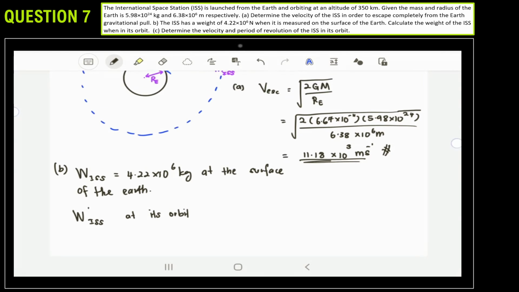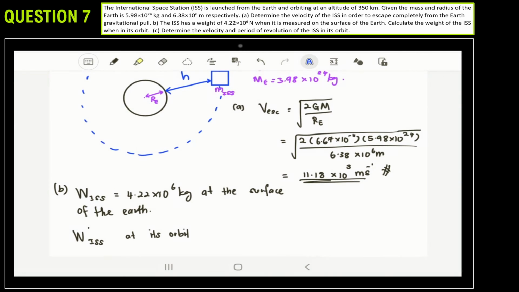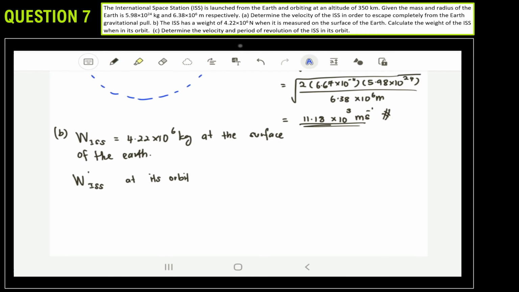Okay, so that means here at the position of RE plus H, at its orbit, on this line, so R is equal to RE plus H. Now let's write the equation of gravitational acceleration, or gravitational field strength. g is equal to GM over R squared.